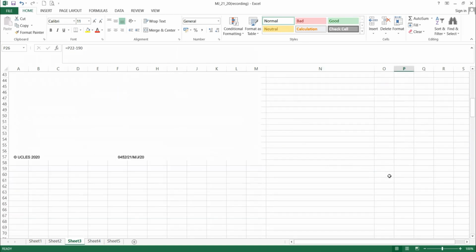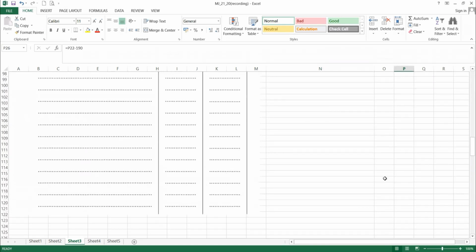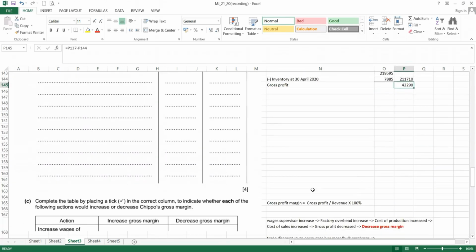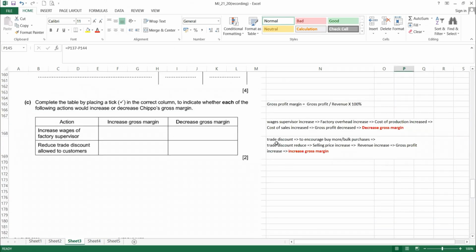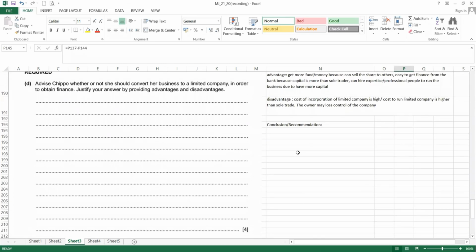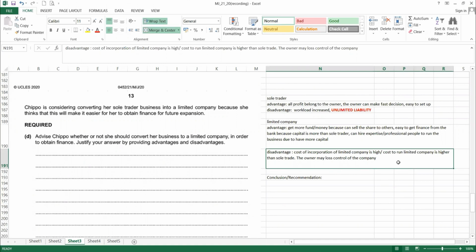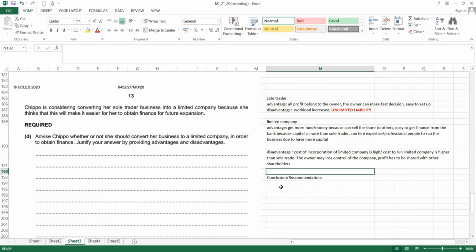The only quantitative number is the profit, 42,000. So the bad thing if we incorporate the company, the disadvantage to the owner, is that the profit has to be shared with other shareholders. That is what we can get from the information.